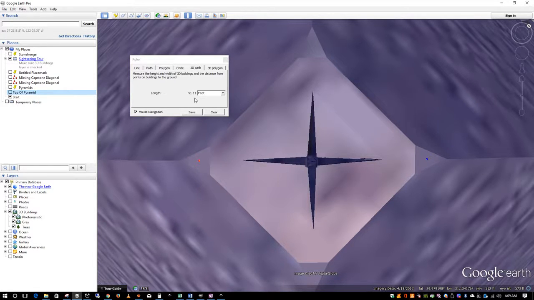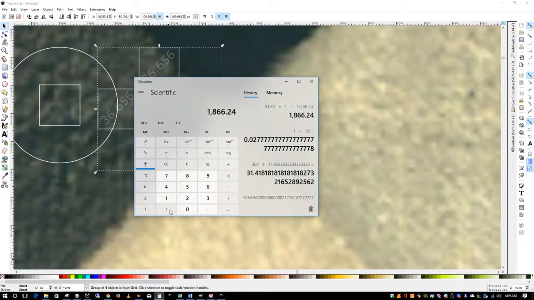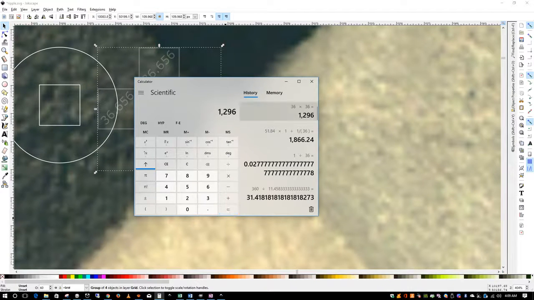Now, if we treat it as 36 instead of 36.656, then some interesting things come out, because if we treat it as a 36 by itself, then 36 times 4, the perimeter of it, would be 144, right? And then, of course, 36 times 36 is 1296. And we know what 1296 is, right?